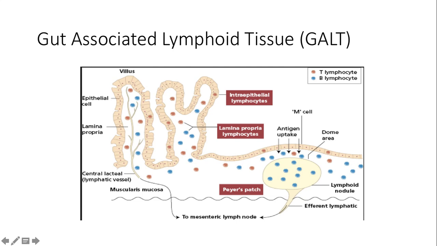Peyer's patches and the mesenteric lymph node, as we said, contain discrete T cell areas. You can see them here in brown, and predominantly B cells in the follicles in blue. The main lymphocyte type in the isolated follicles is B cells.